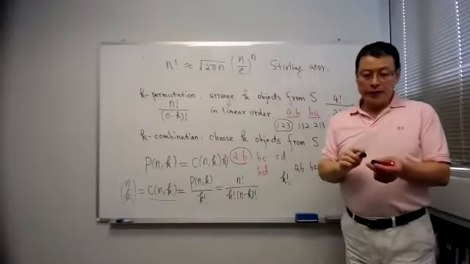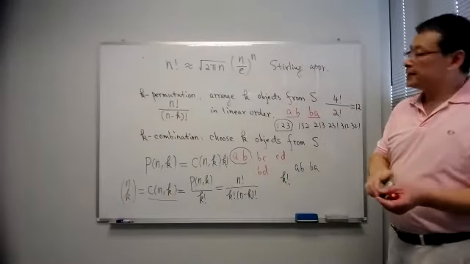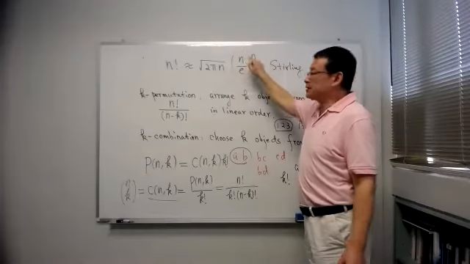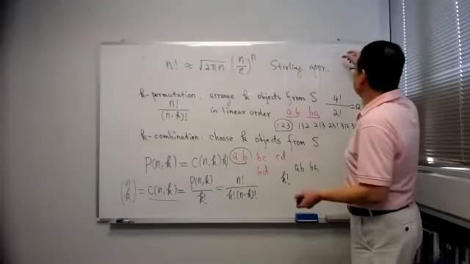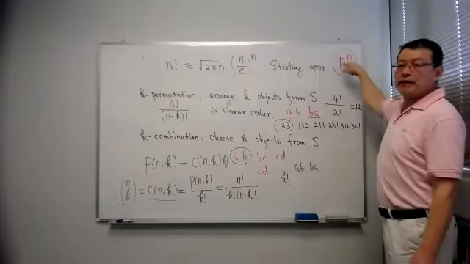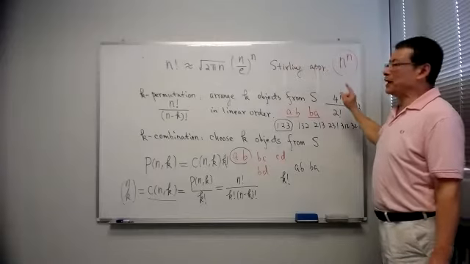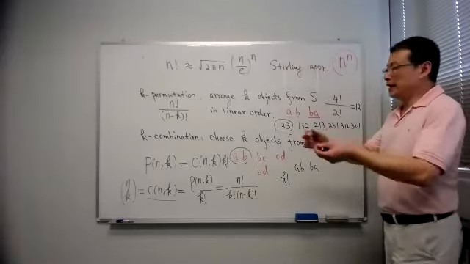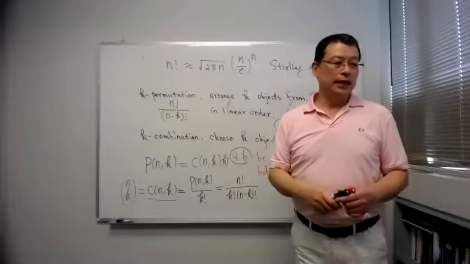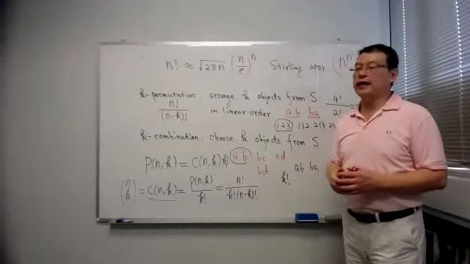This n factorial really grows very fast. It's roughly in the order of n to the nth power. Actually, it's a bit smaller than n to the nth power. You see, this one grows very, very fast. n factorial is not too far away. So that's why, even for relatively small n, the number of combinations and permutations grows very, very fast.